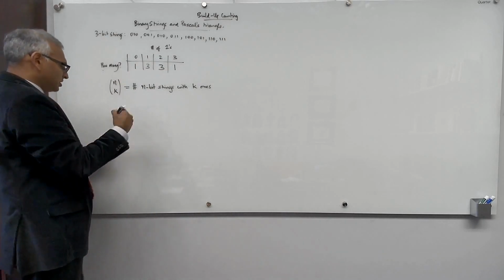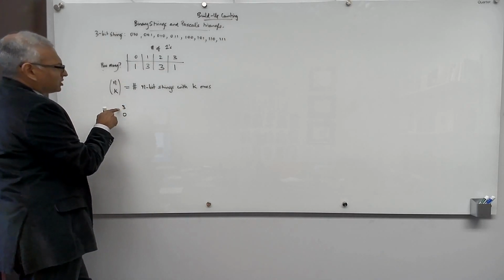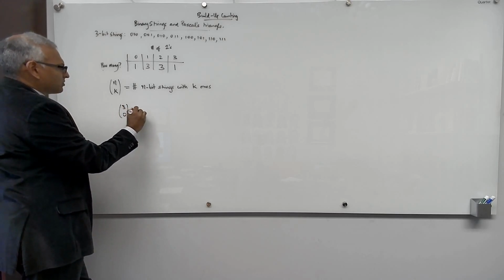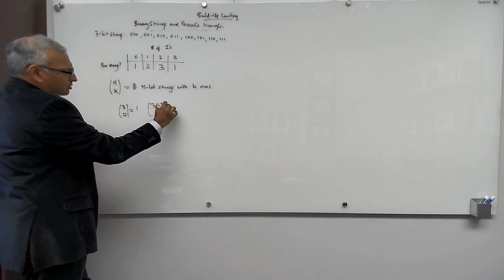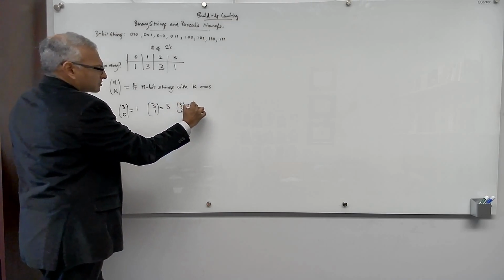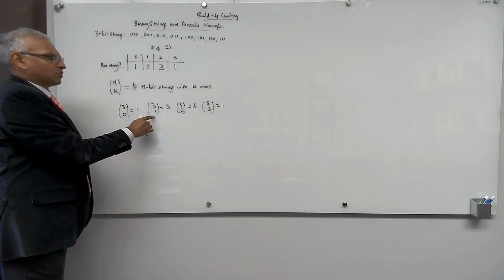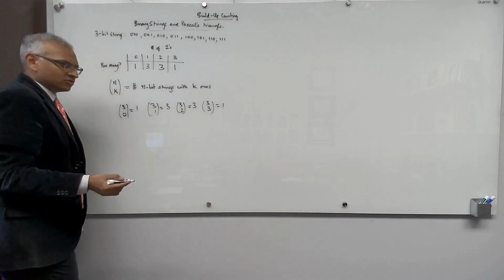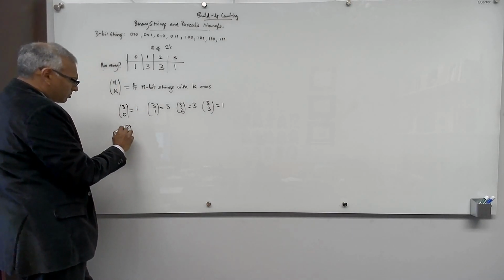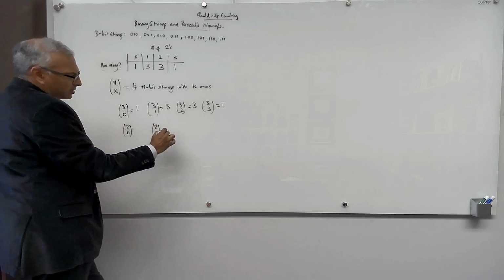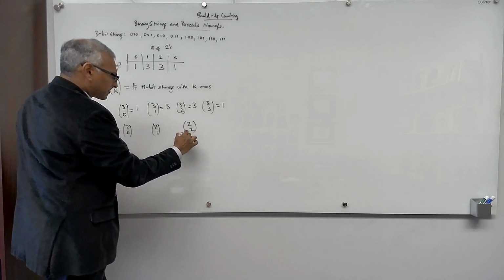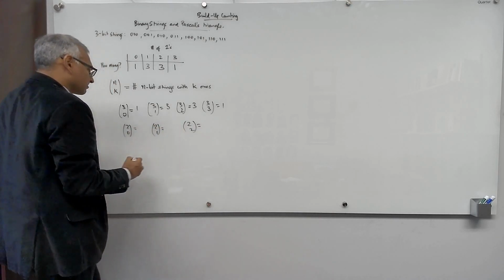And what we have shown here is that (3 0), when you're talking about 3-bit strings with 0 ones, is 1; (3 1) is 3; (3 2) is 3; and (3 3) is 1. So I give you this exercise. Compute (2 0), compute (2 1), and compute (2 2). Okay, pause the video and compute these.